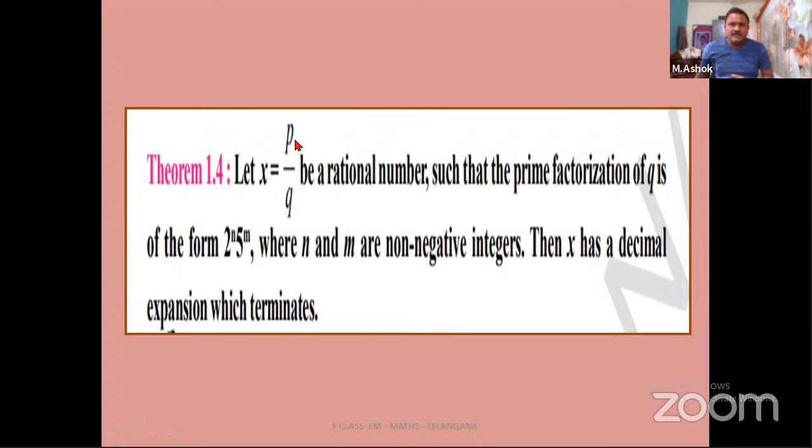After taking a rational number in the form of p by q, if you write the prime factorization of q and it contains only 2 and 5 in this form, then it clearly terminates. If any other number like 3 or 7 appears, it does not terminate. So this is what theorem 1.4 says.